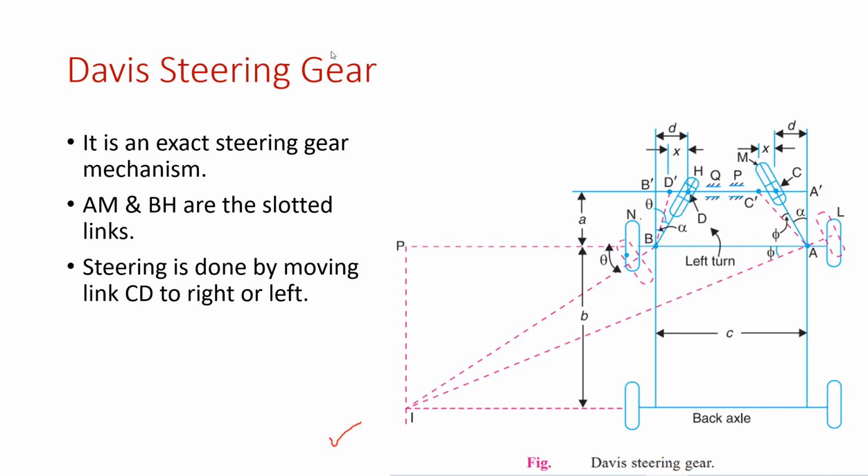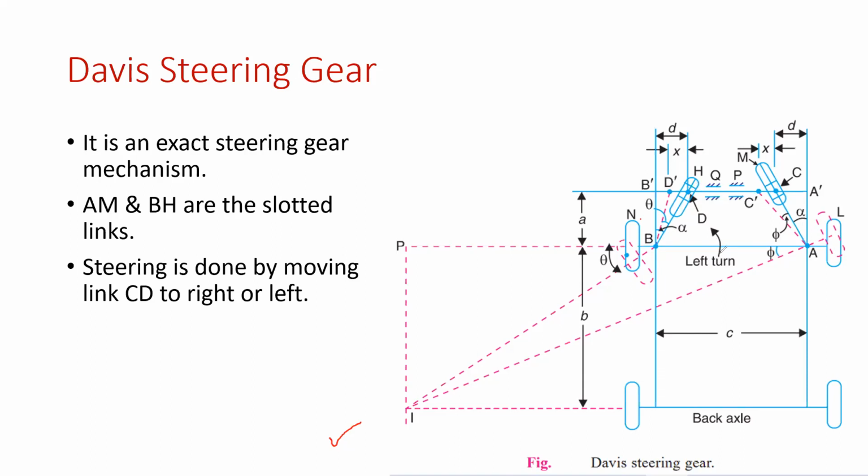Here you need to identify which links are there in this mechanism. This mechanism consists of these links: A, B, then there is this second link C, D. You can see here.